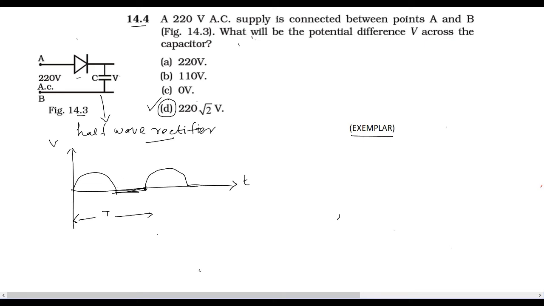Now how to explain the output here? There may be a load resistance connected here between the terminals I have shown. From this point to this point, this is the output without the capacitor.